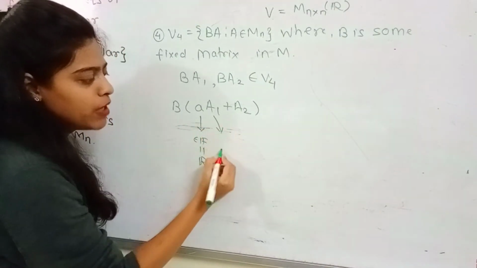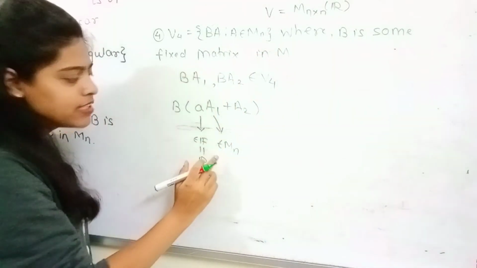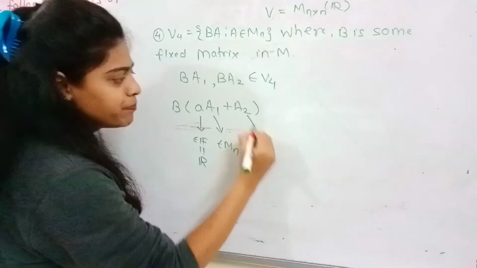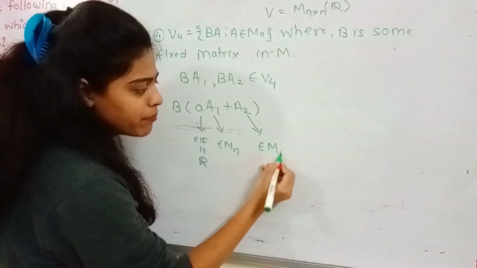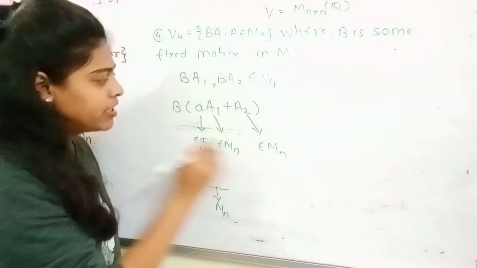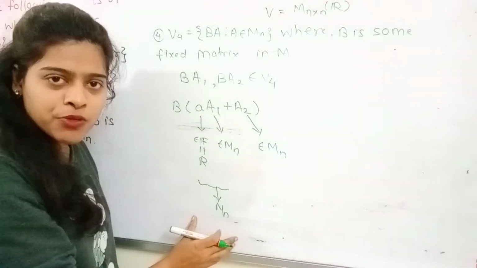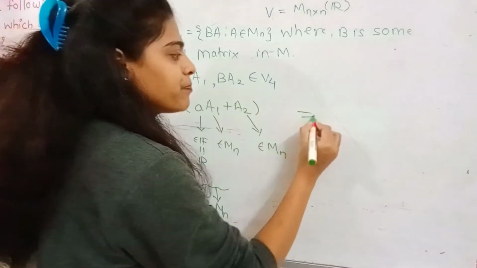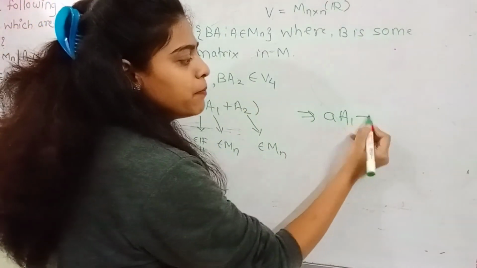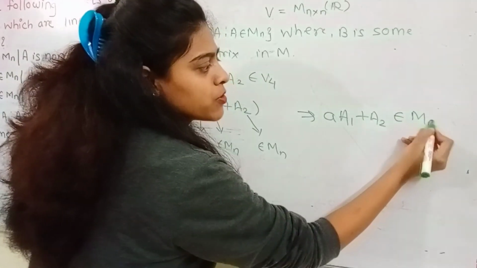Similarly, A1 belongs to Mn and A2 belongs to Mn. As A1 belongs to Mn, A2 belongs to Mn, and the field F is equal to R, this linear combination a A1 plus A2 also belongs to Mn.